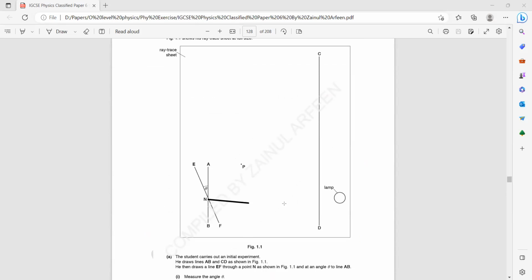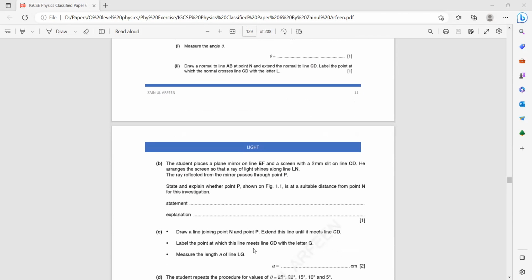So this line we already drew. That was a normal we did in the beginning. That we said as L. And then they're saying draw a line joining N and P and continue until it meets line C and D. And the position where it meets line C and D, we label that as G. And then we have to measure the length of LG.